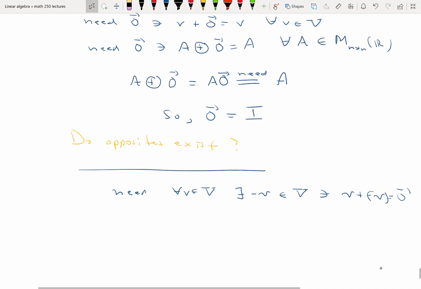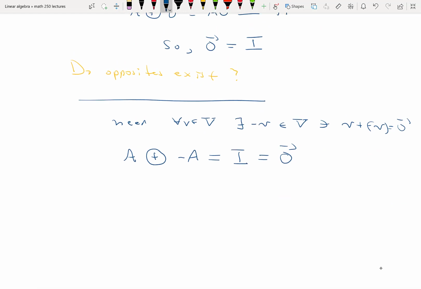Let's put this in terms of the notation we have for our particular set. I need A plus the opposite of A to equal the zero vector. Well, A plus the opposite of A is A times the opposite of A. That's how we define addition, by multiplication.